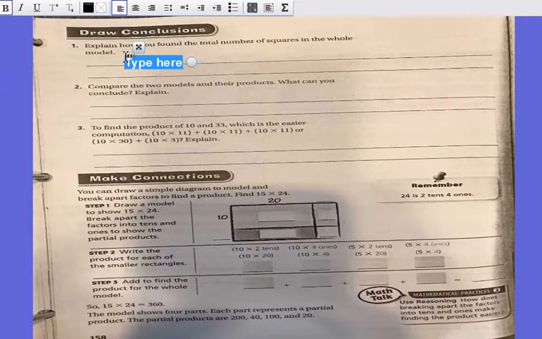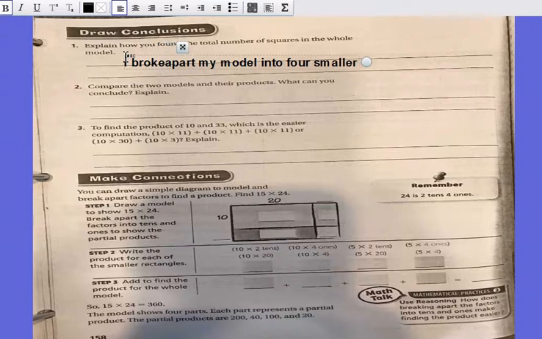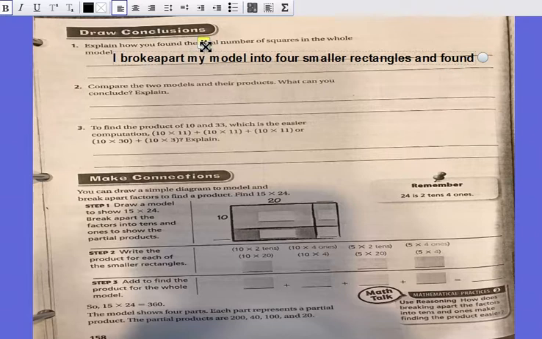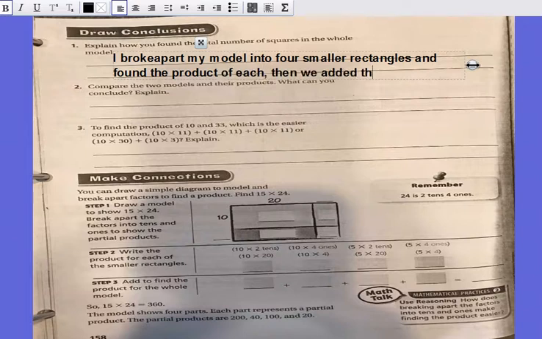So what we did there is I broke apart my model into 4 smaller rectangles and found the product, which means answer, of each, and then we added the products.